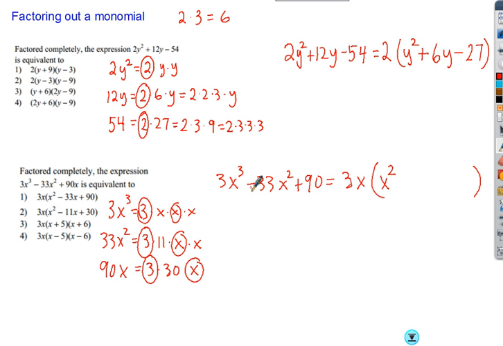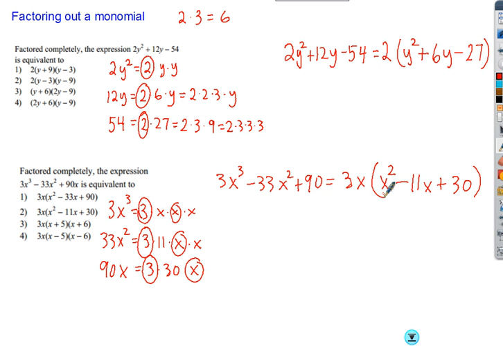So I follow these signs, so it's going to be minus the leftovers of this expression. Sorry, it's 11x, right? That's what's left. And then the only thing that's left in this last expression of 90x, when I factor out 3x, is the 30. So we would say plus 30. And I can check this by multiplying it out.